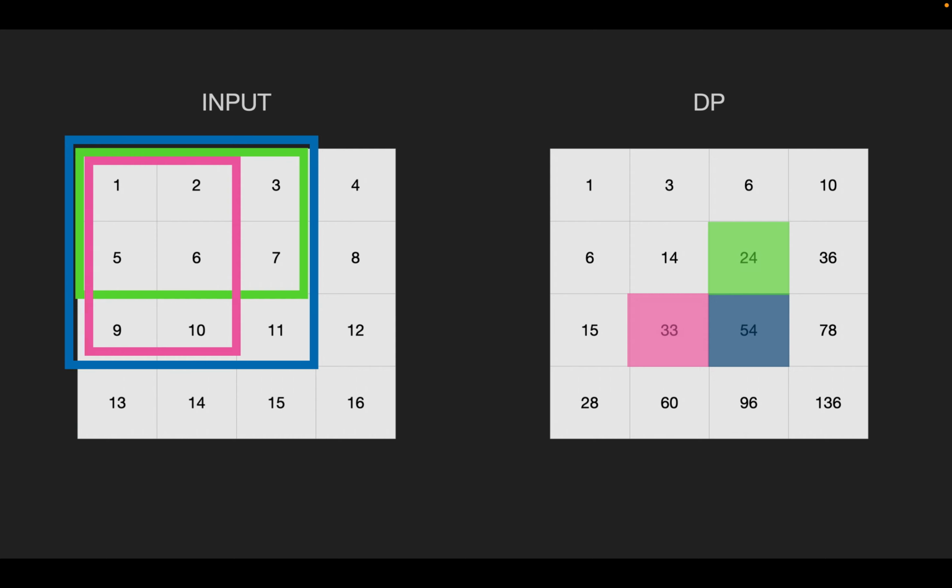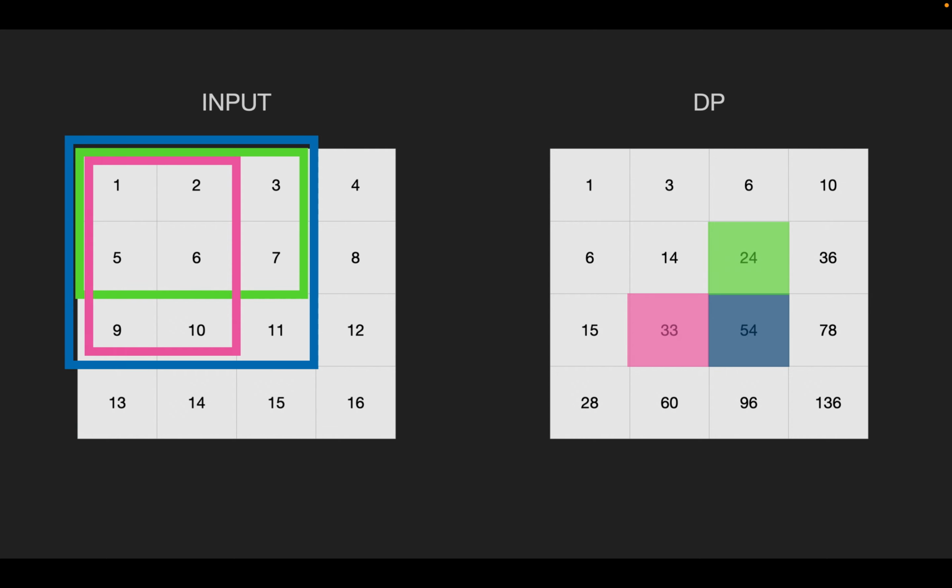So what if I added those two numbers up? If I added 33 and 24, and you look at the pink and the green box on the left, it gets pretty close to 54, but there's a problem in that those two boxes overlap.